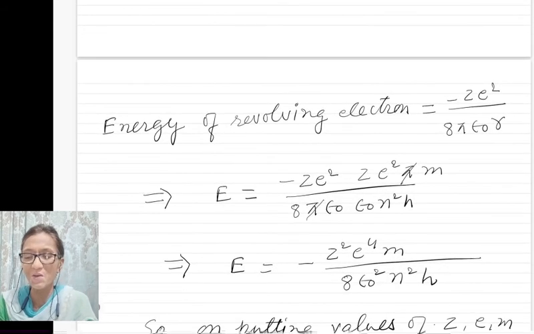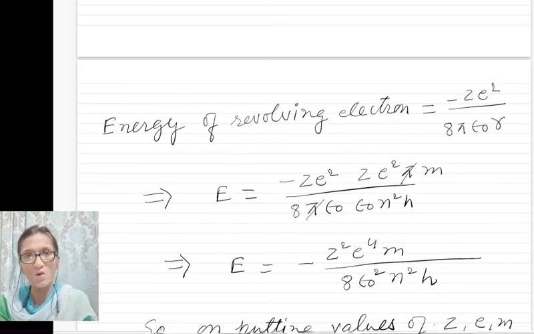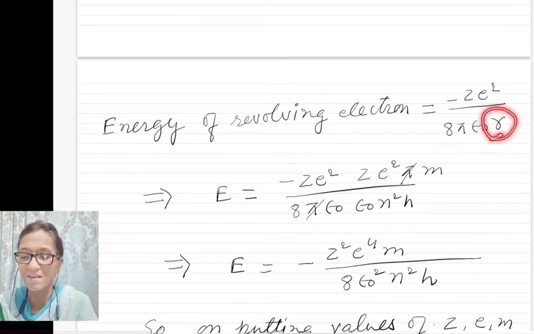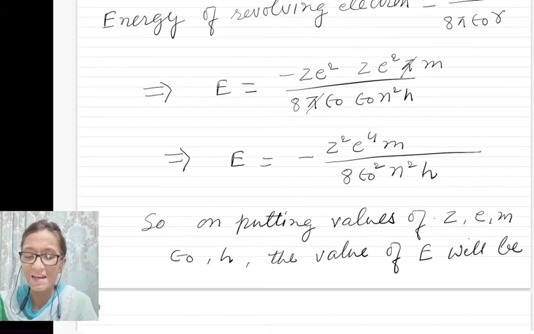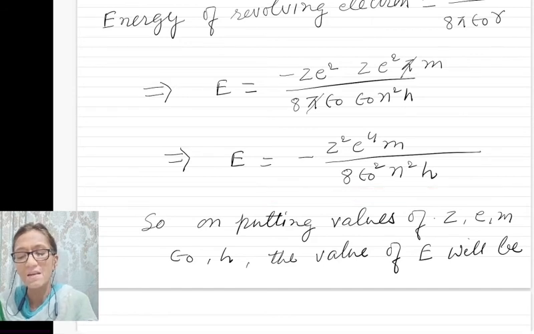Now similarly you can obtain value of energy of a revolving electron in its orbit. So we know that it is equal to minus Ze square upon 8 pi epsilon naught r. So here I have put the value of r, and energy has come equal to minus Z square e power 4 m divided by 8 epsilon naught square n square h square.